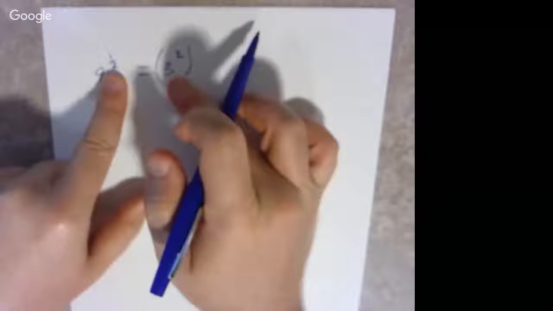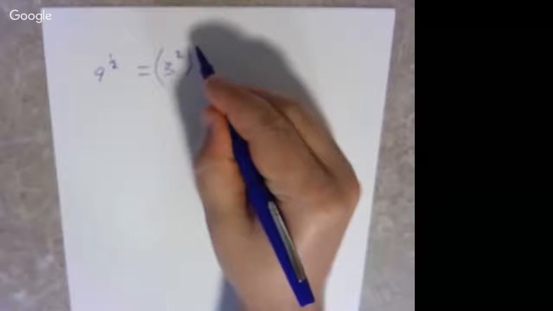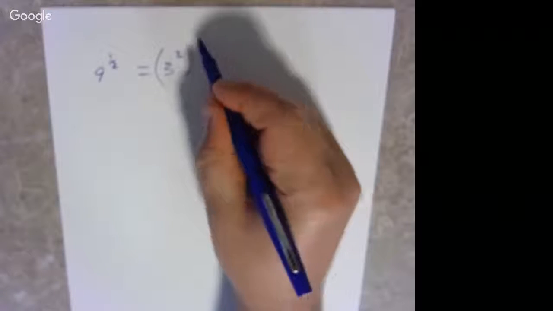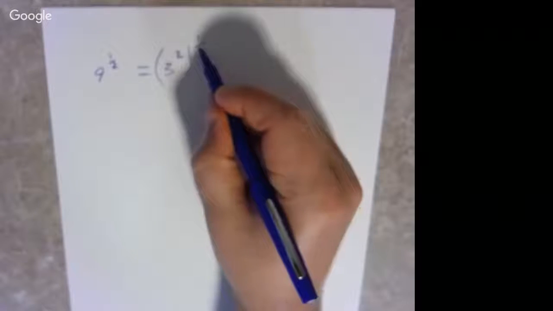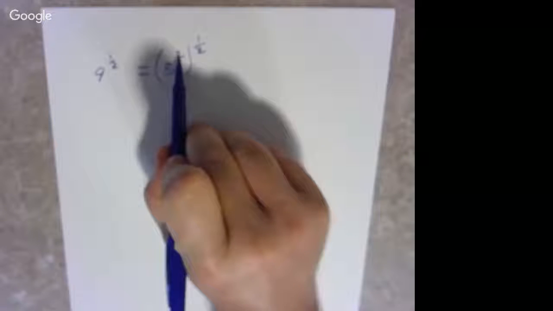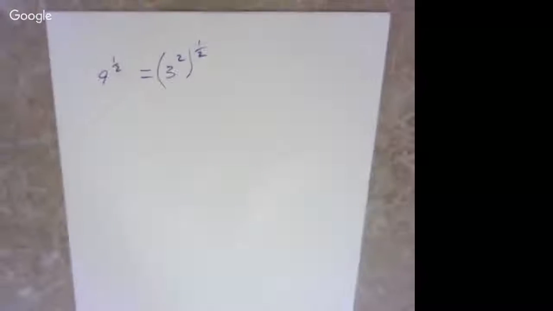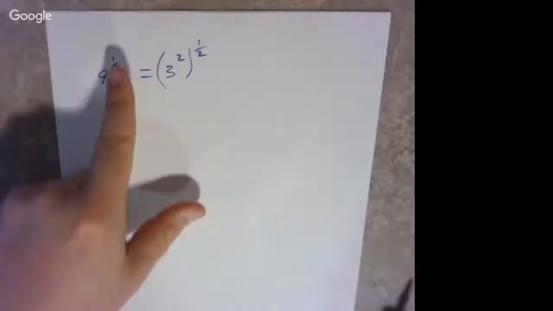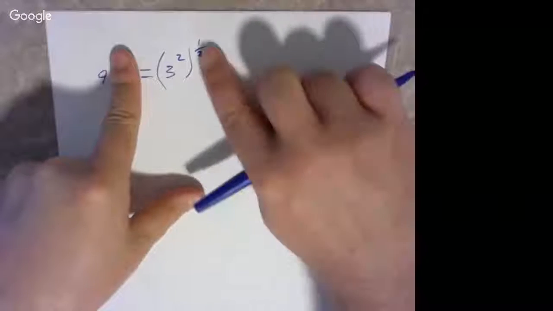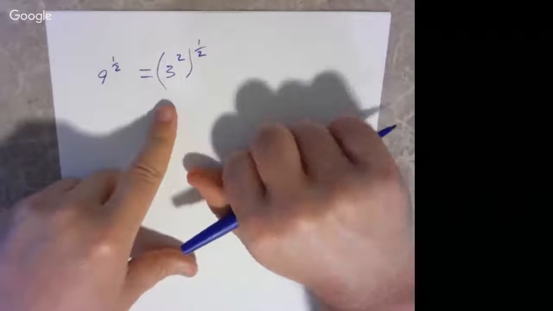Square root of 9, we get 3. So what would cancel this 2 here? If 3 squared is the same as 9, then I would apply this 1/2 power to both of these at the same time. Then they are equivalent.